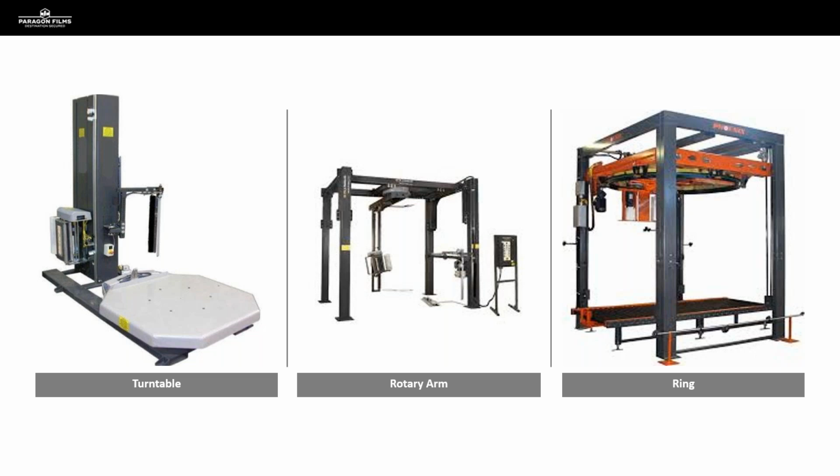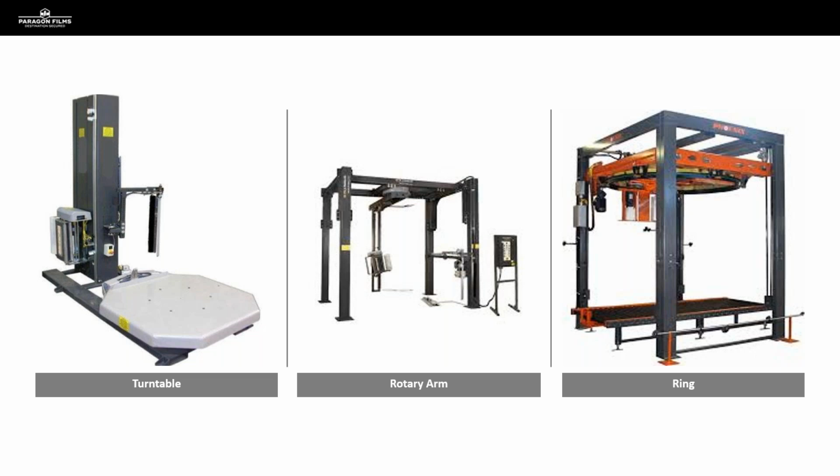So here you see a variety of different wrappers that we discussed at length in part 1. You have the turntable, the rotary arm, the ring. The point that I really want to make here is that different types of equipment provide different types of containment, right? So you have a turntable that ranges from 8 to 12 RPMs, whereas a rotary arm or a ring can range up to 60 plus RPM.